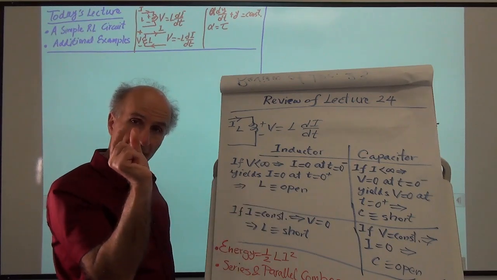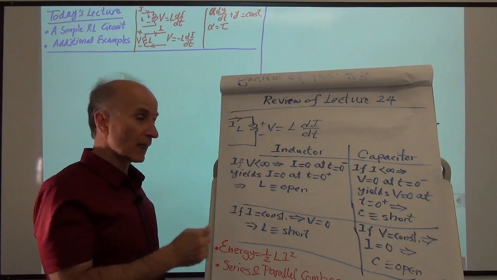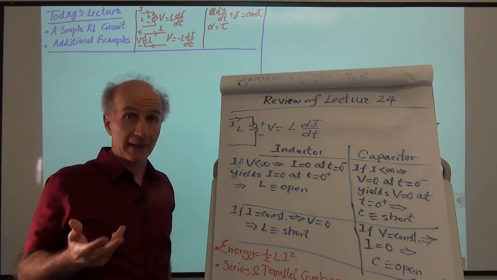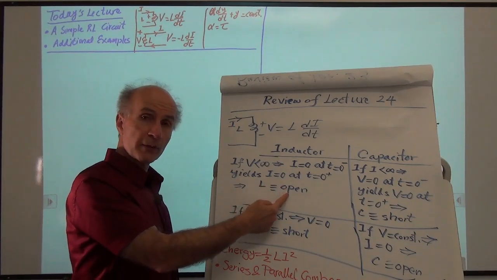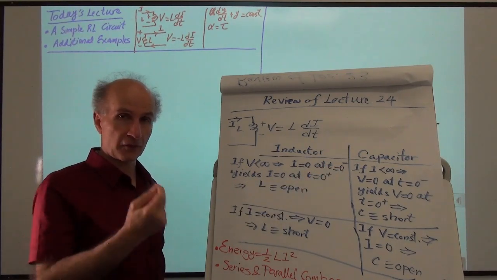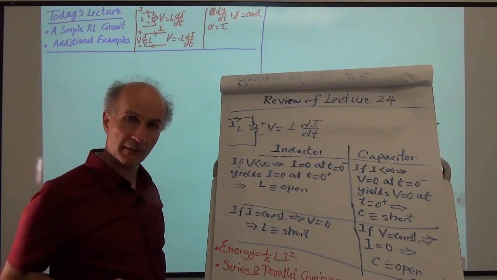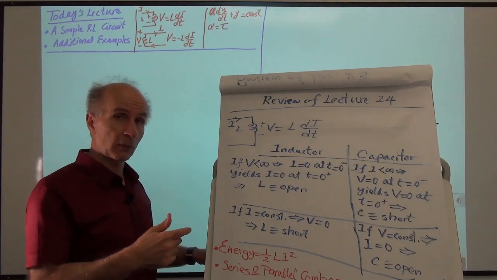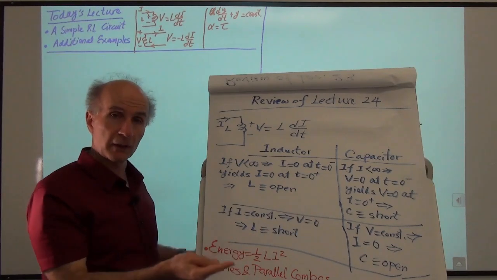That means that for that short amount of time, the inductor guarantees a zero current from here to here, and the only device that can do that is an open circuit. So the inductor reduces to an open circuit between 0 minus and 0 plus. That's extremely helpful if you're trying to analyze the circuit around a switching event. For capacitors, on the other hand, we have to deal with whether the current available to the capacitor is infinite or not.